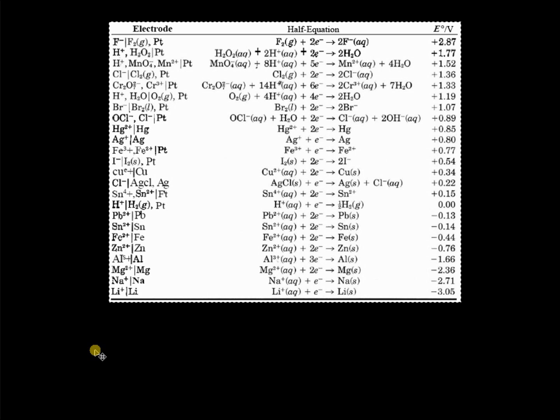Remember, the list gives you the values of reduction electrode potentials. So the one having a lower value is readily oxidized. Hence, that should be taken as the anode, and the element for which the electrode potential is higher will form the cathode. Once you know the anode and the cathode, you can write the galvanic cell representation, which would enable you to calculate the E0 cell.